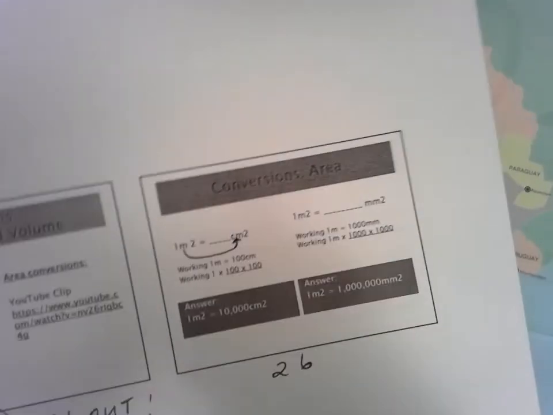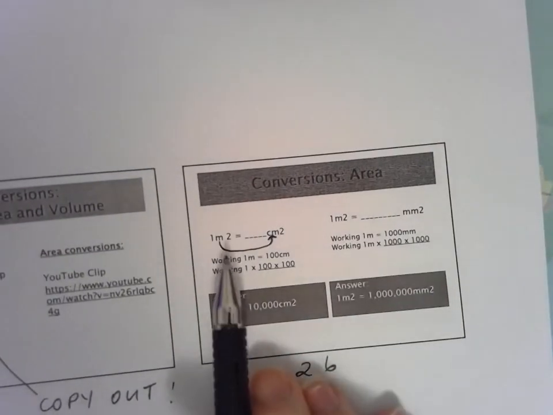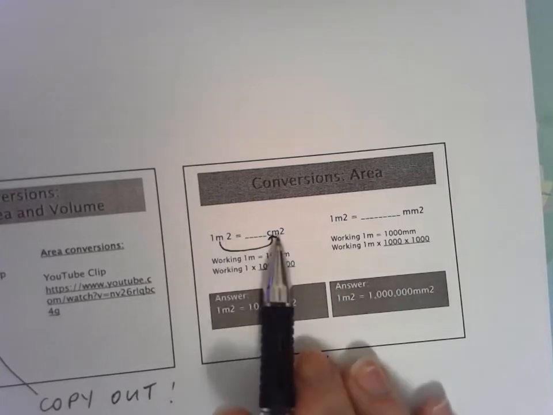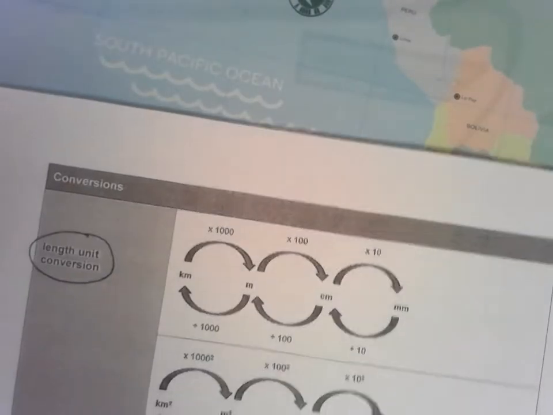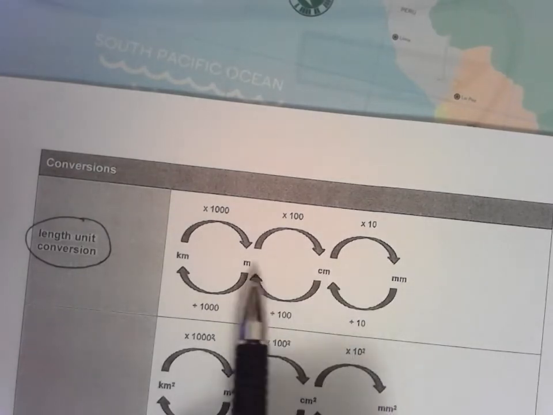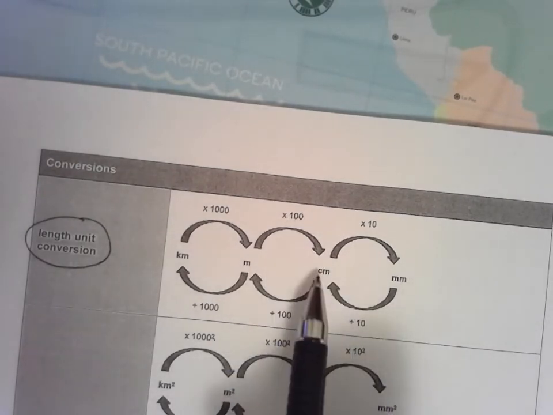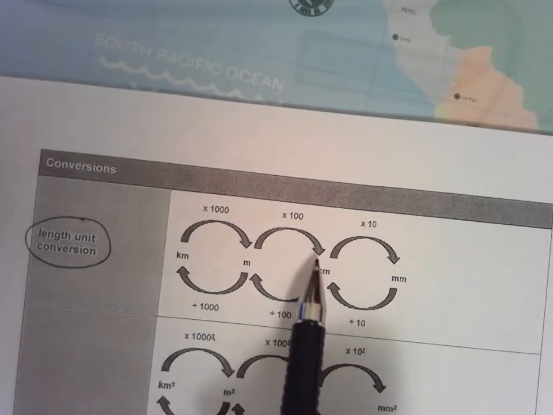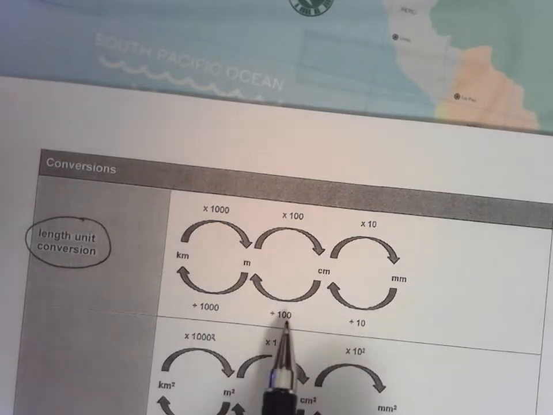It doesn't matter which way you're going, but if you're thinking about metres to centimetres, if you go to your rule sheet, whether you're going metres to centimetres or centimetres to metres, your magic number is 100.